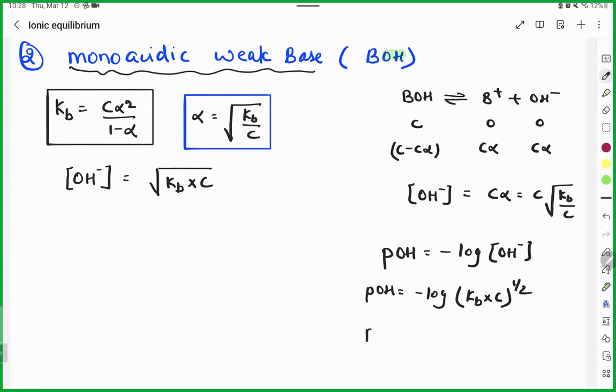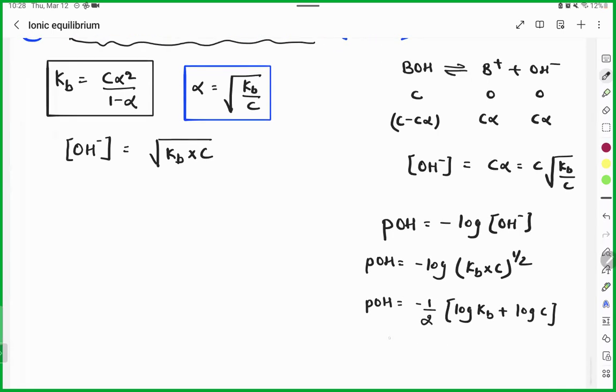Same multiplication, POH is equal to minus 1 by 2 log Kb plus log C. Correct? Minus log Kb is equal to pKb, and this is equal to 1 by 2 log C.